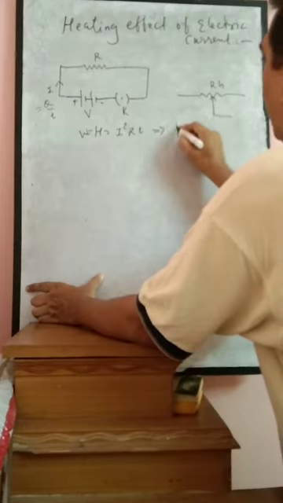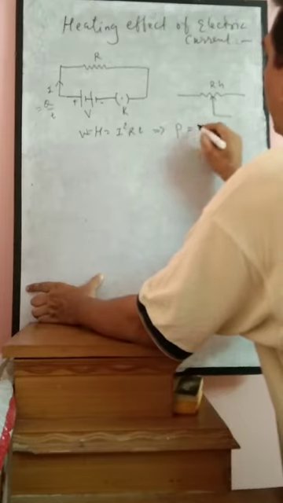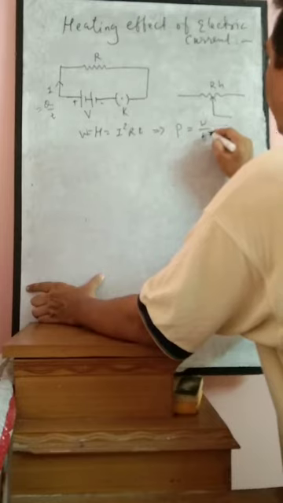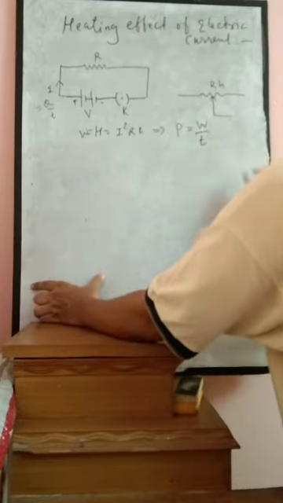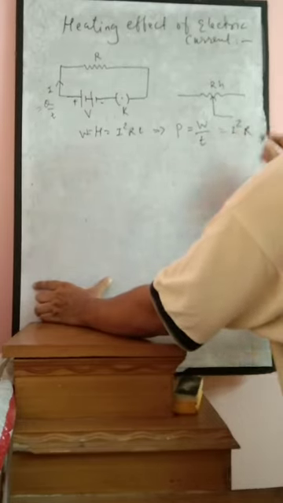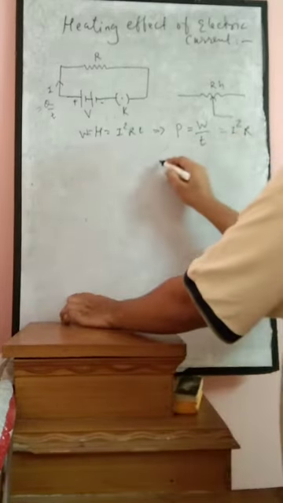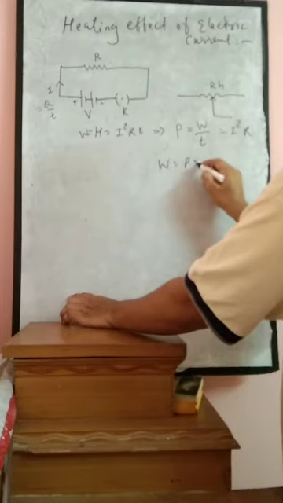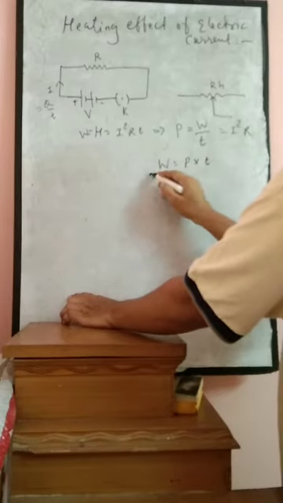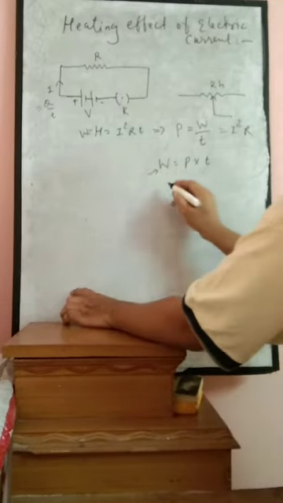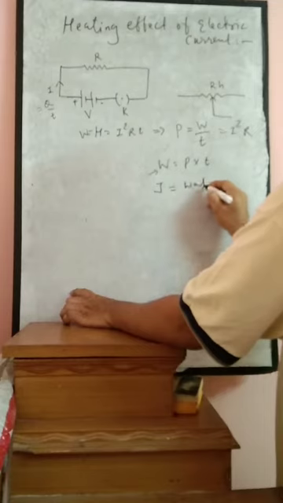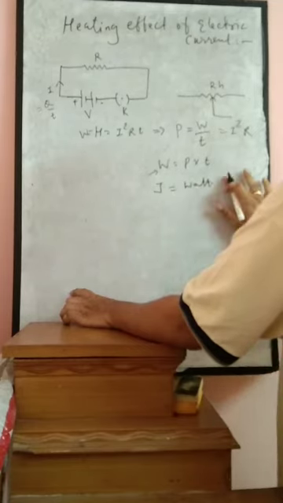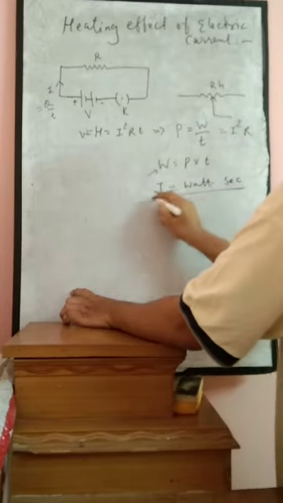So work upon time, power P is equal to W by T, and that is equal to I square R. Now from this W is equal to power into time. That means the SI unit of work, if we substitute, is nothing but joule. So 1 joule is equal to 1 watt into 1 second.